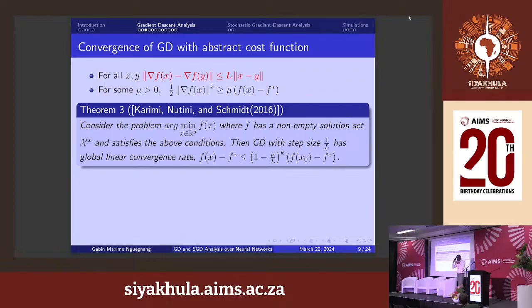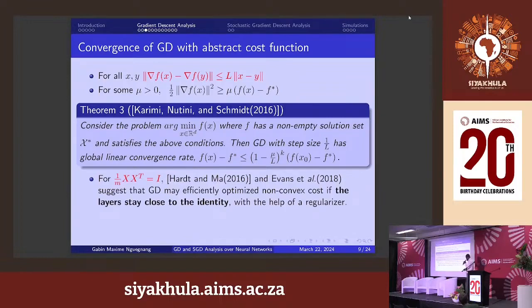But the main challenge here is that when you have an explicit loss, as we saw before with the factorized matrices of the network, this condition cannot be satisfied, which makes it difficult to directly apply such a result to a neural network model.